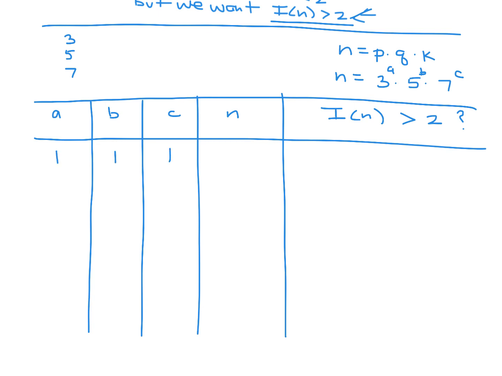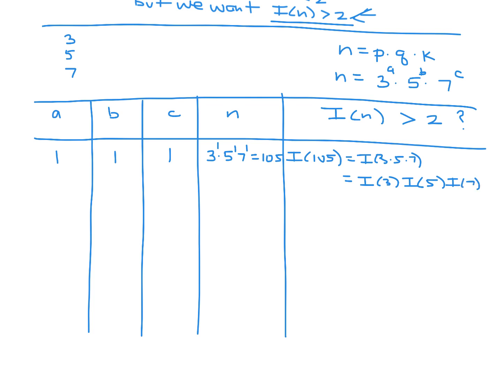If that's the case, n would be 3 to the power of 1 times 5 to the power of 1 times 7 to the power of 1, which is 105. And I of 105 is I of 3 times 5 times 7, which is I of 3 times I of 5 times I of 7.